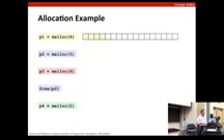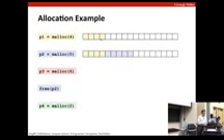So let's look now at how a sequence of allocations and frees would work. Notice I'm calling malloc with the size in words, not bytes, just to keep these pictures simpler. First we call malloc and allocate a 4-word block, and that gives us a pointer p1.